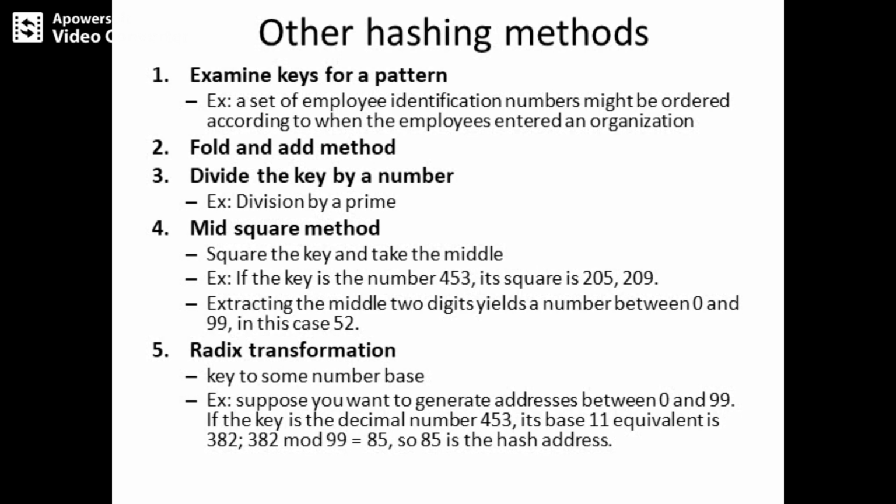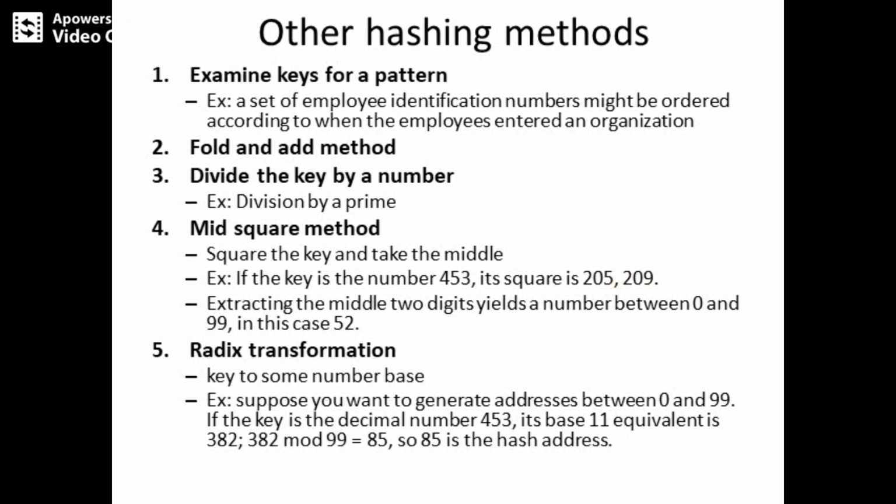The fourth method is the mid square method, where you have a key, you square that key and consider the middle part of it. That will be your hash address. If you consider this example, if the key is 453, its square is 205209. So I consider the middle part, 52.